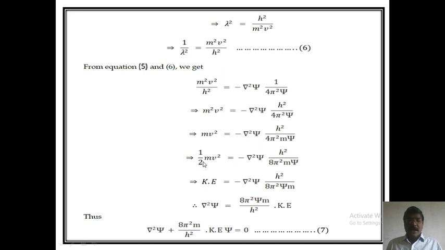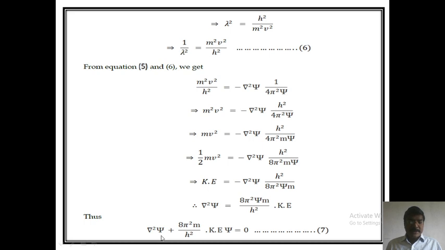That implies half m v square is equal to minus del square psi into h square by 8 pi square m psi. That implies KE equal to minus del square psi into h square by 8 pi square psi m. Therefore, del square psi is equal to 8 pi square psi m by h square into KE.